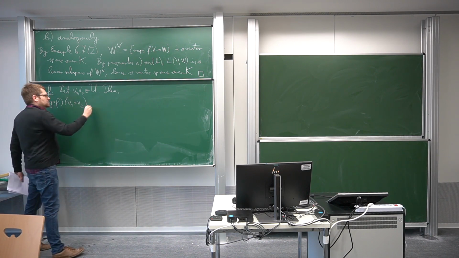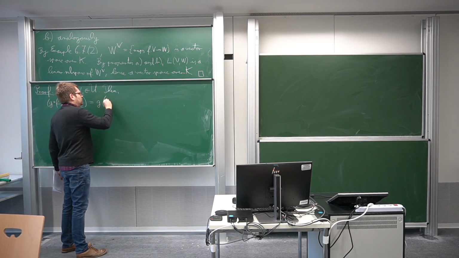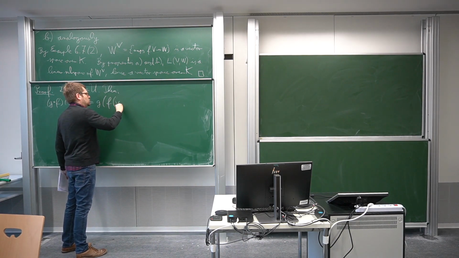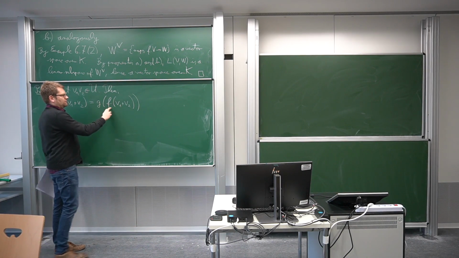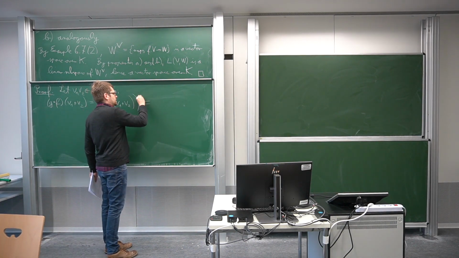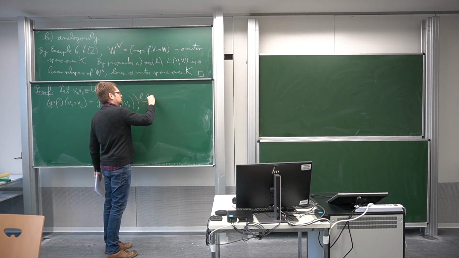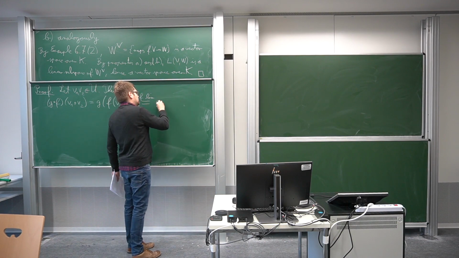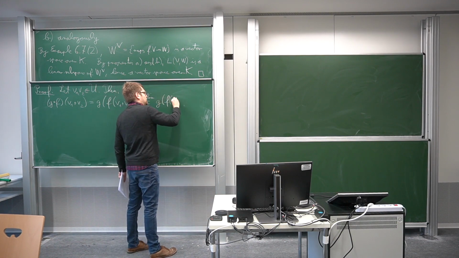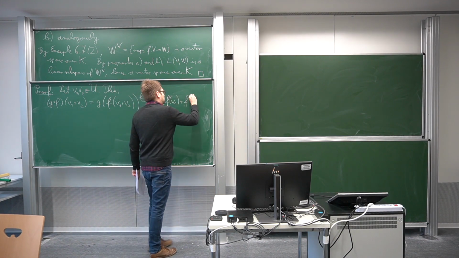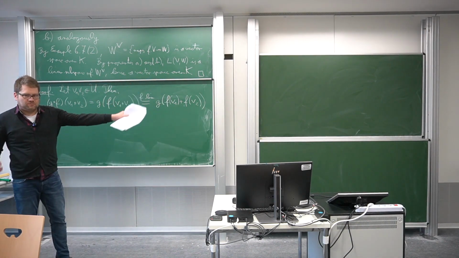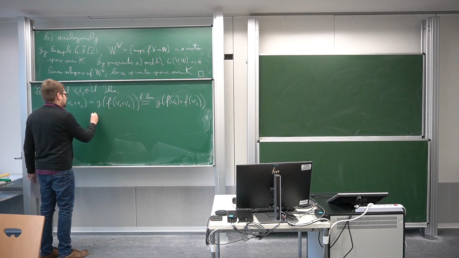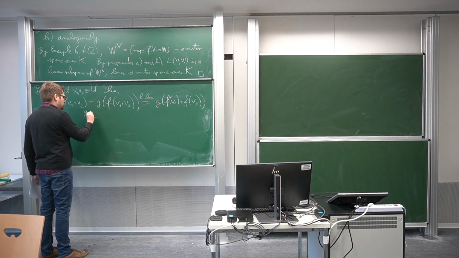By definition, this is just G of F of V1 plus V2. And since we already know that F is linear, this is the same as G of F of V1 plus F of V2. Now this is again G of the sum of two vectors, and so we can now use the linearity.